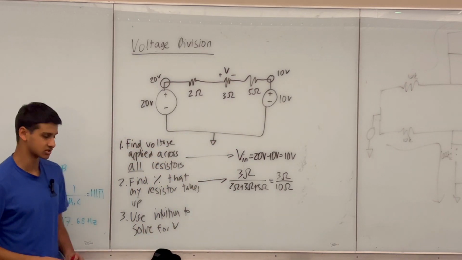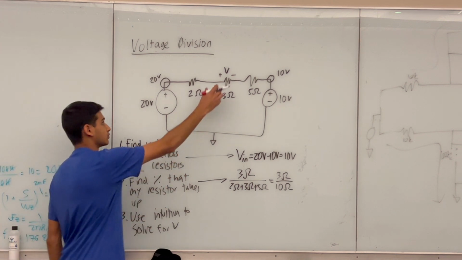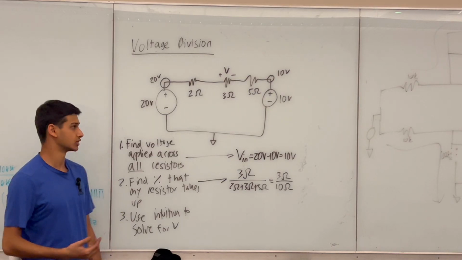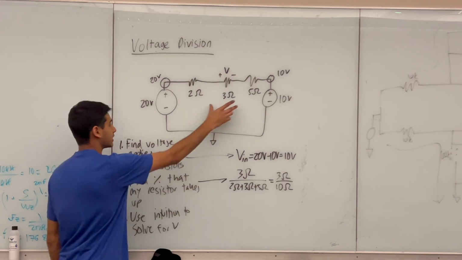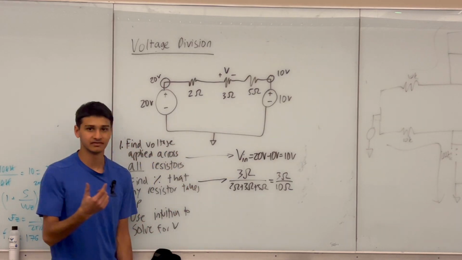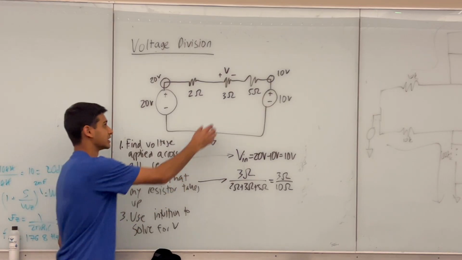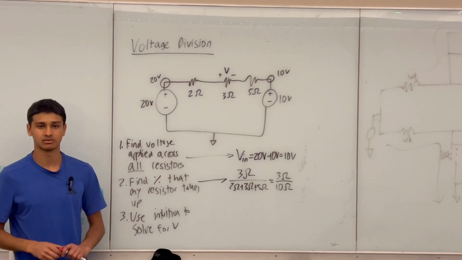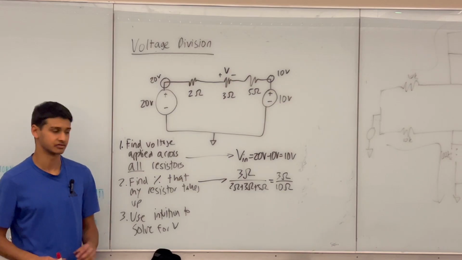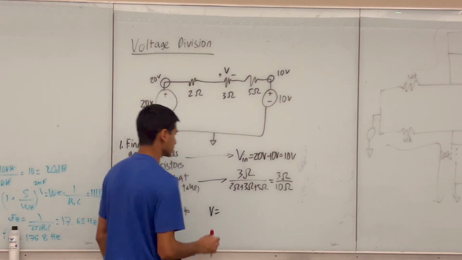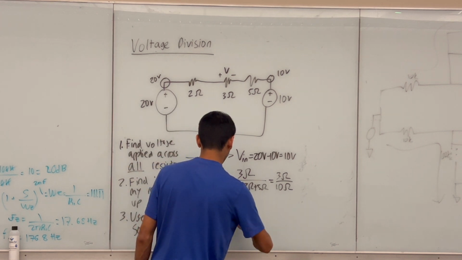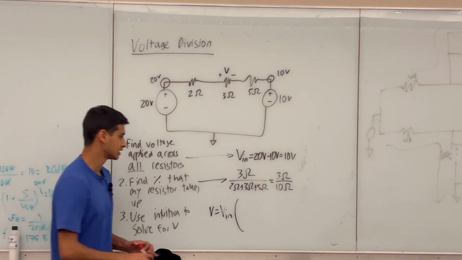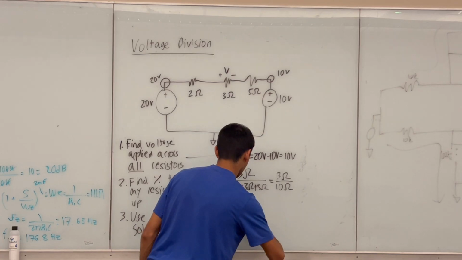The last thing I'm going to do is use the intuition to solve for V, which is the voltage I want. V is just the part of the voltage applied that your resistor is consuming, and it increases and decreases based on how big this resistor is, because if the resistor goes up, this percentage goes up. So V equals my voltage applied, Vin, multiplied by the percentage my resistor takes up, 3 ohms divided by 10 ohms.